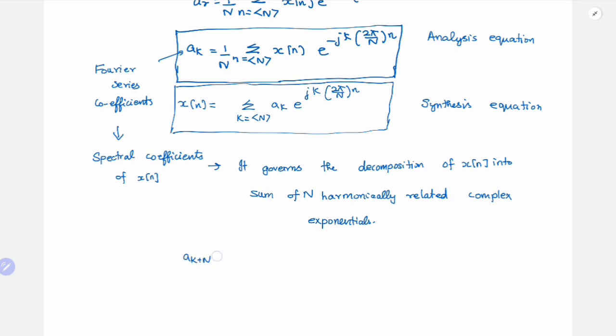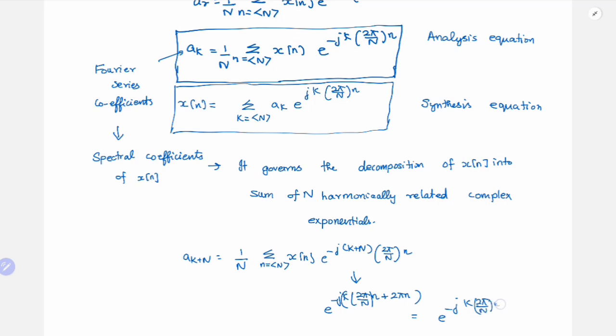So a_(k+n) is nothing but 1 by n summation over n of x of n e power minus j k, where k you have to replace with k plus n, times 2 pi over n into n. Now this you can write as e power minus jk into 2 pi over n into n, times e power minus j 2 pi n, and this is equal to e power minus jk 2 pi over n into n.